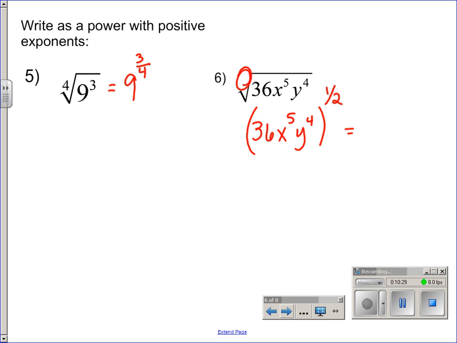What is 36 to the half power, which is the same as what? Square root of 36. Right, which is 6. And then x to the, multiply 5 times 1/2 is 5/2. And 4 times 1/2, which is 2. And you're going to leave it with positive exponents.